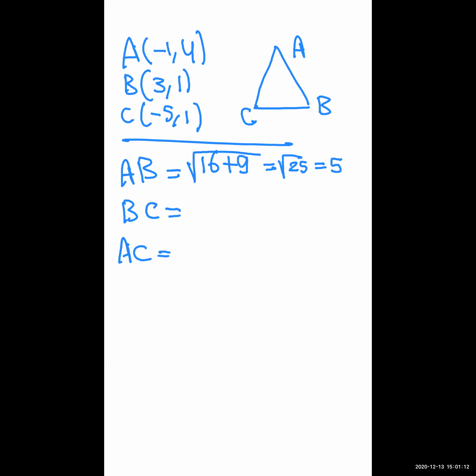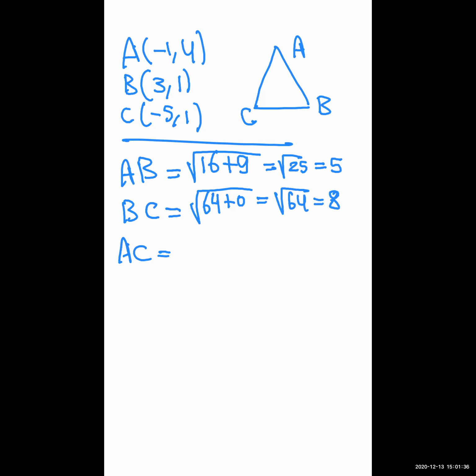Then BC, guys, it will equal the square root of 3 minus -5 squared, which is 8 squared, meaning 64. And then 1 minus 1 means 0, so 0 squared means 0. So it will equal the square root of 64, which is equal to 8.